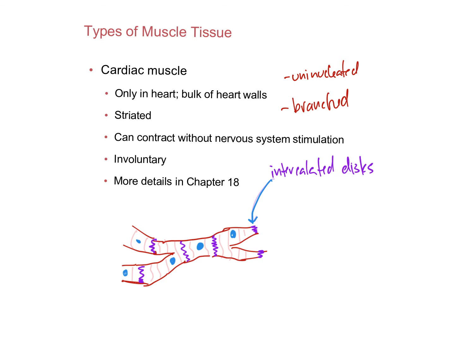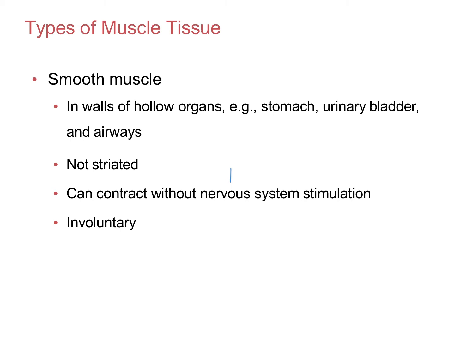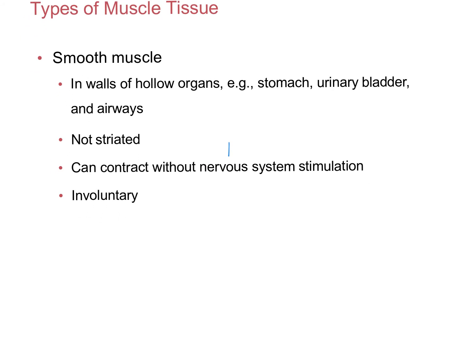All right, last is smooth muscle. Smooth muscle is found in the walls of hollow organs: the stomach, urinary bladder, small and large intestine, blood vessels, the ureter, and airways. The bronchioles, the airways that go into your lungs, are made up of smooth muscle. They're not striated. They are involuntary.